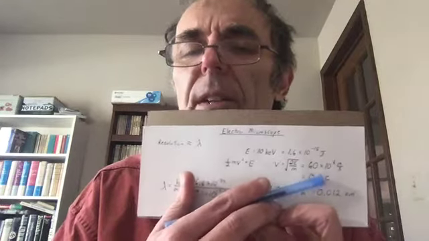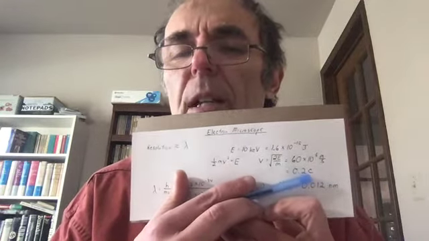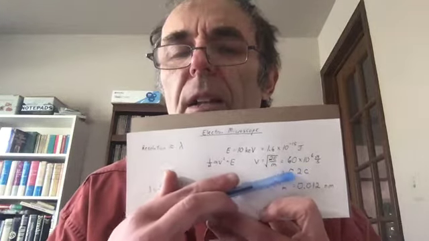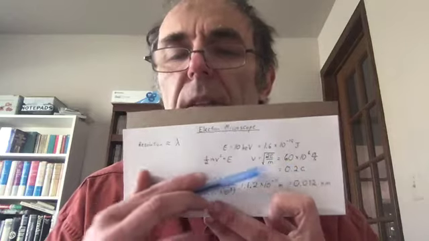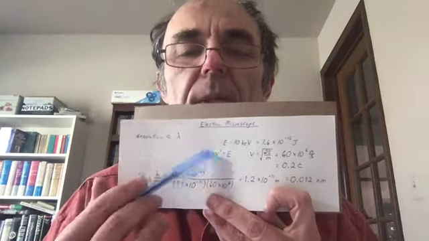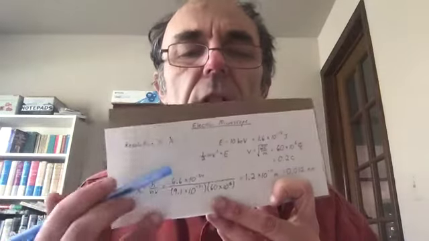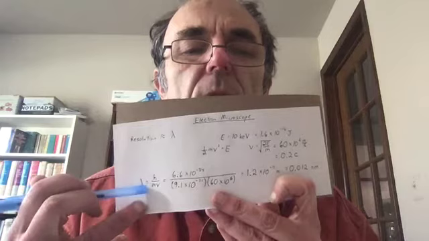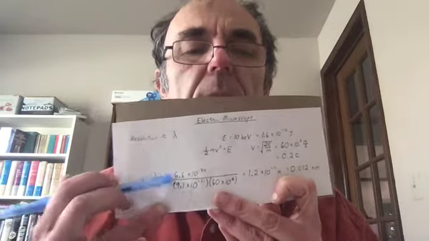Most relativistic effects only become important when you get up real near the speed of light. So you can fairly accurately use non-relativistic mechanics. That's what allowed us to use the energy as 1/2 mv squared. That means you can use de Broglie's analysis. The wavelength is Planck's constant over the momentum, mass times speed.